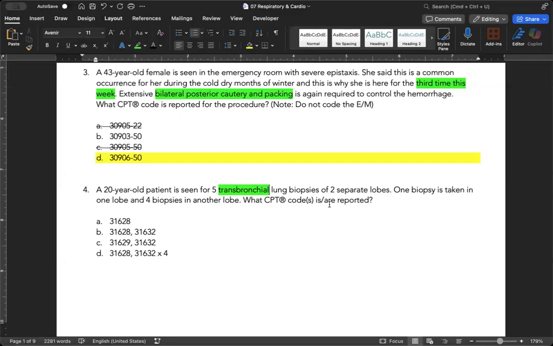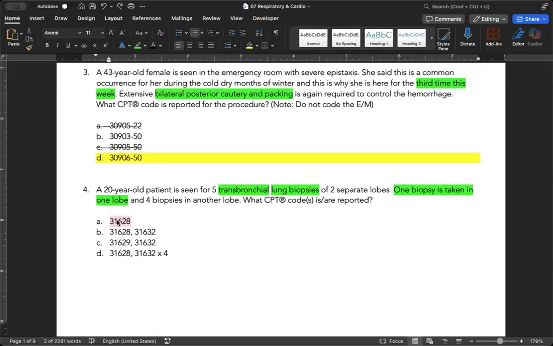31628 is transbronchial lung biopsies, single lobe. So we've got that, right? In our first lobe, one biopsy is taken. So we know we need 31628. Okay, so again, we're doing this one coding from scratch.